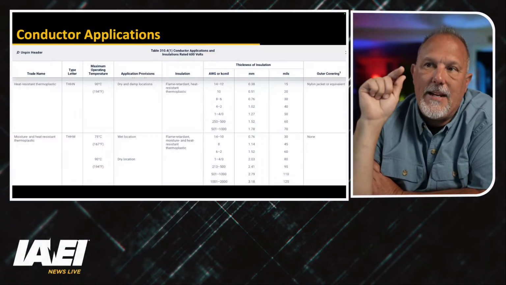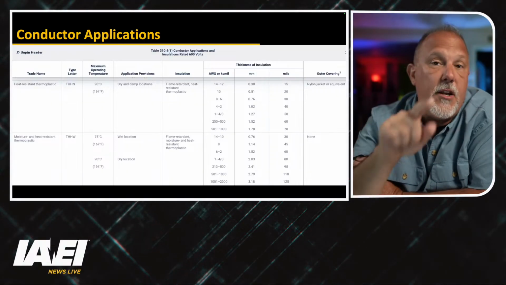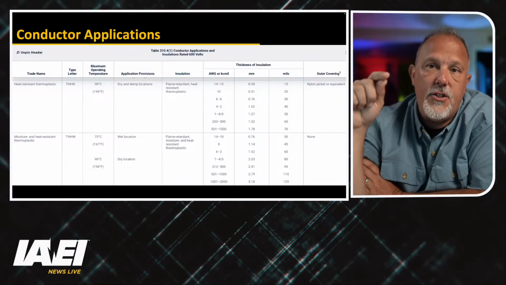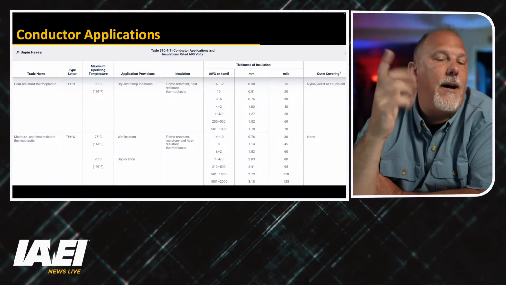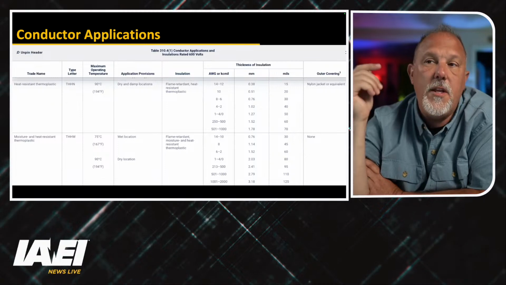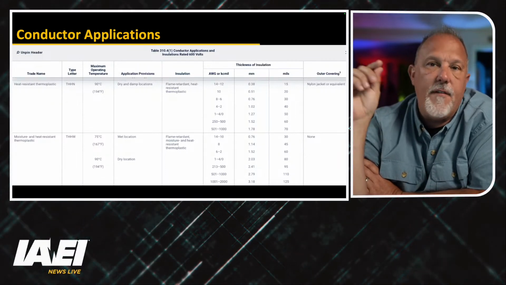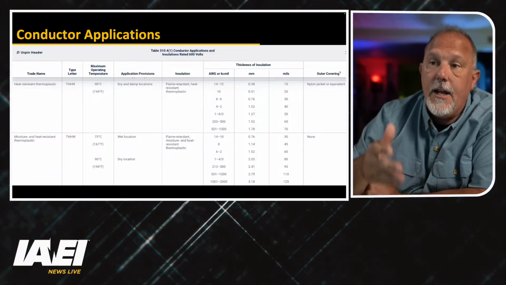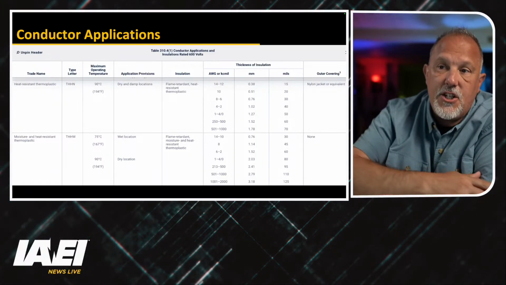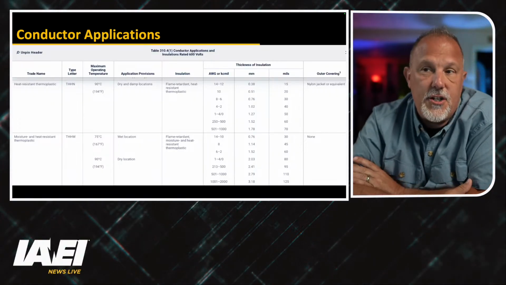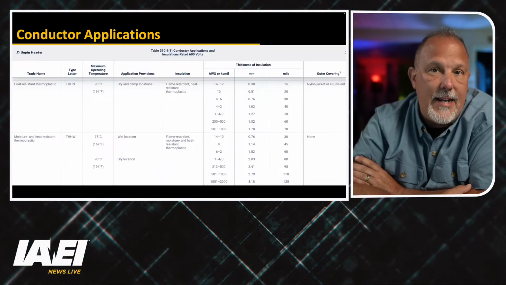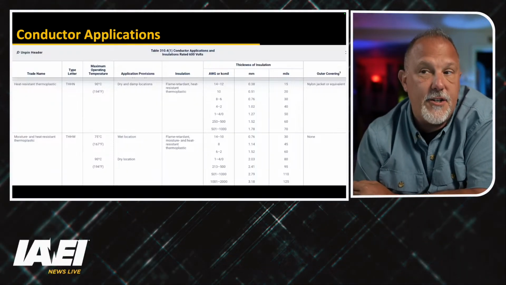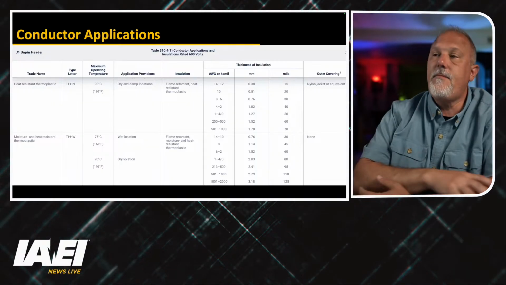That maximum operating temperature is going to be important when we start calculating and doing our derating, right? Or ampacity adjustments. We do those adjustments off of the 90 degrees C column of the insulation. If I have, for example, a THHW and it's in a wet location, I can't use 90 degrees C. I have to use 75 degrees C as the capability for that conductor for that application.